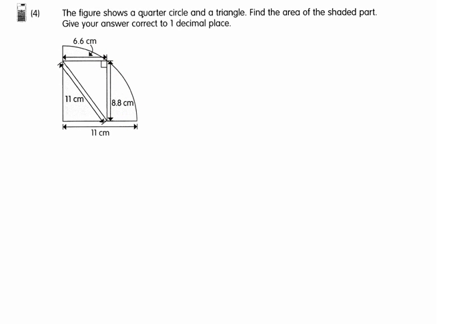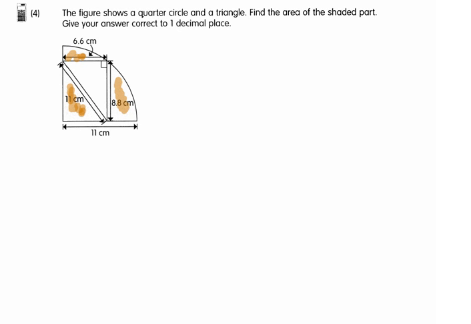Now you also have a triangle here. You are supposed to find the area of the shaded part. Maybe it's not very clear, so I'm going to shade out the shaded part for you. The shaded part is actually here. Maybe it's not very clear on my paper, but these are the 3 regions that are the shaded part.